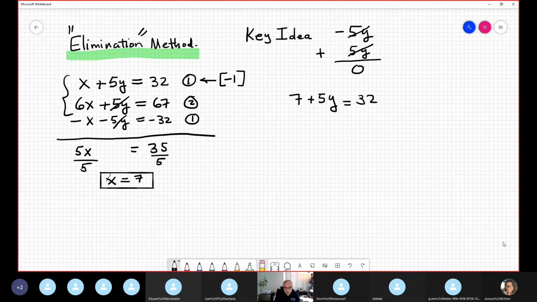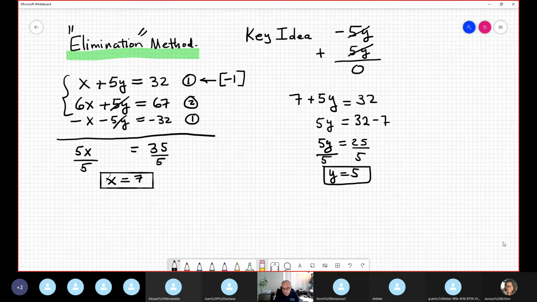So for y, 5y is equal to 32 minus 7. 32 minus 7, I put in the calculator, is 25. 5y is equal to 25, divided by 5, finally, is 5. Okay, so the solution is the ordered pair 7, 5, which corresponds with option A in this package.